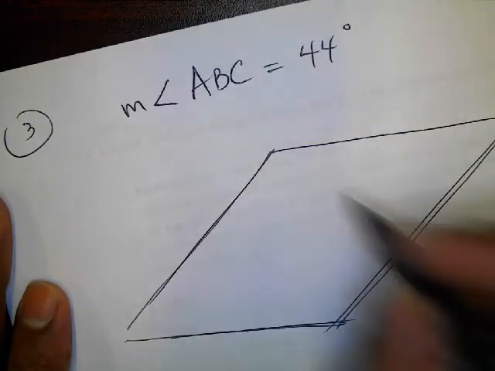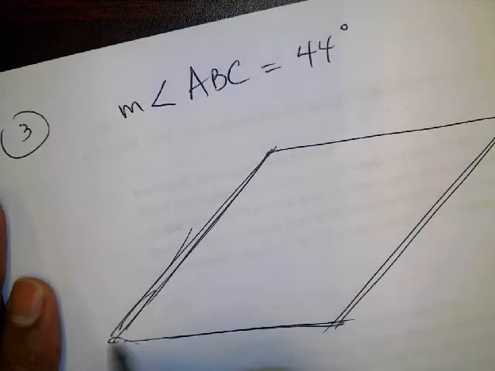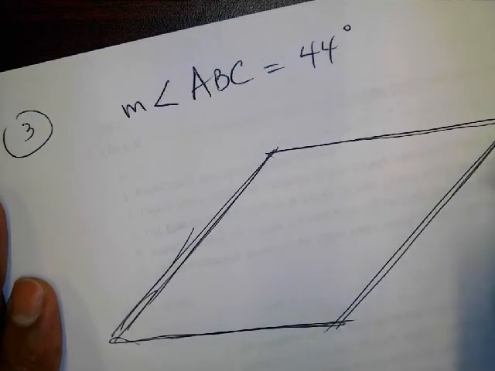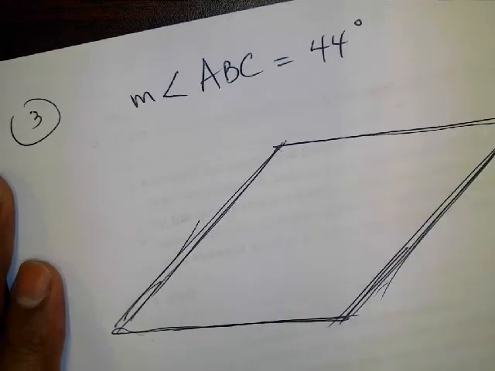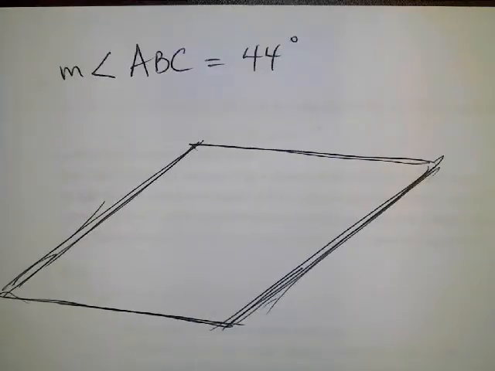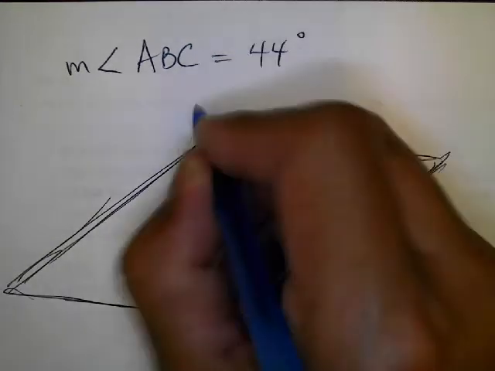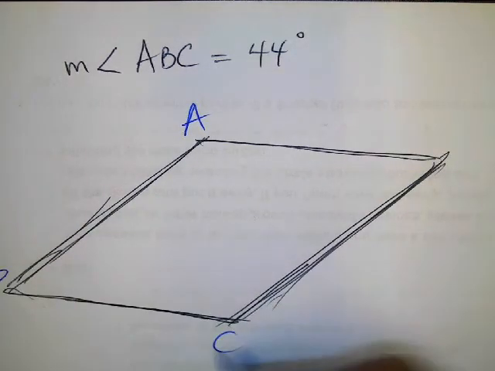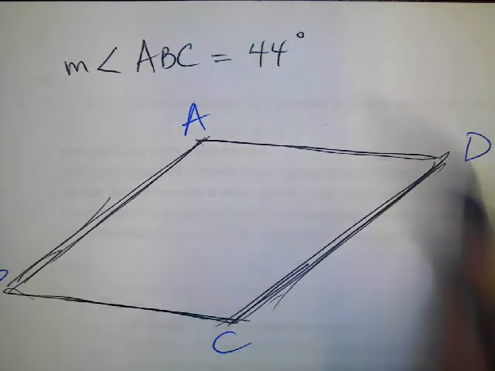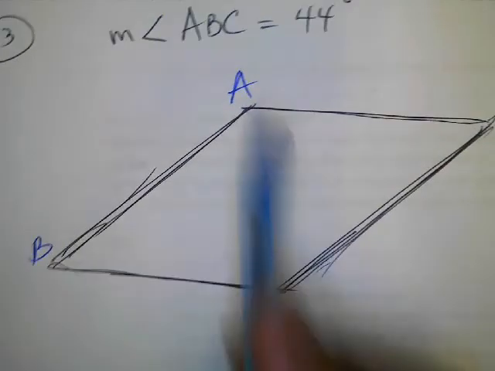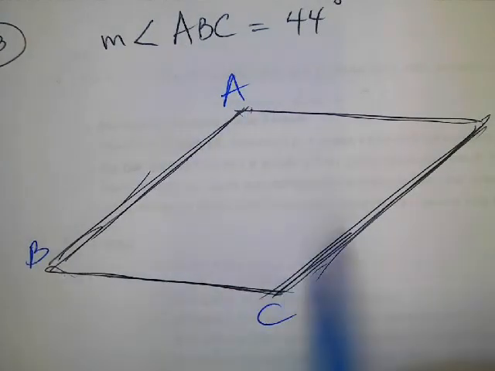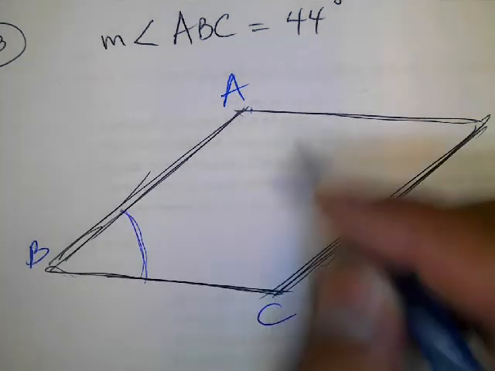Did I draw this right? Okay, well, it's supposed to be a rhombus. Okay, the measure of angle ABC. And put the vertices A, B, C, D.